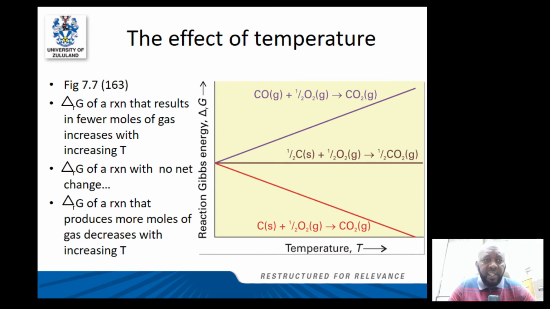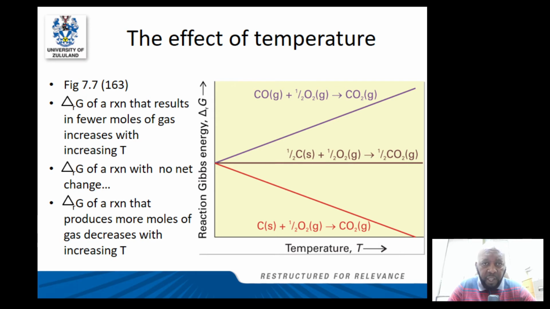Okay, the second instance is whereby we don't have any change in the number of moles. When you look at the brownish graph, we can see that with increasing temperature, our graph remains constant. We have 1 over 2 carbon, which is in the solid state, plus 1 over 2 oxygen, which is in the gaseous state, and the product is 1 over 2 carbon dioxide.